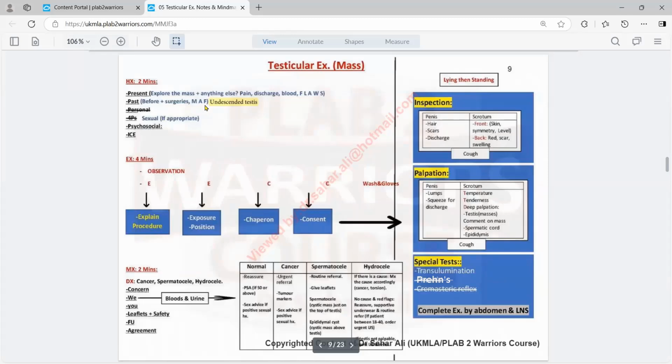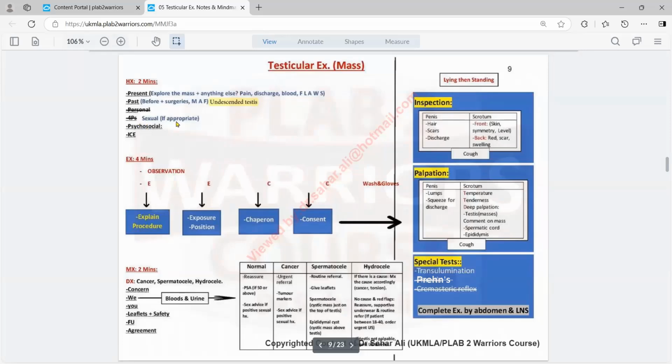Okay? And I highlighted undescended testes as a past medical history, as a risk factor of cancer. All right.